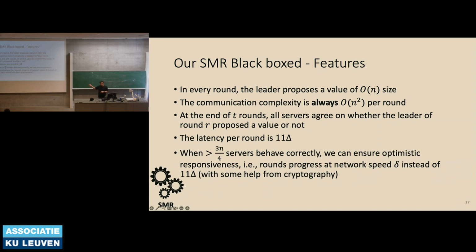Also, in our most recent work, we have something called optimistic responsiveness, which means that if 3/4 of the system is behaving correctly, so if F, the real faults, are less than 1/4, you can actually get commit speeds independent of that delta that I told you. So you can commit at network speed. The problem with committing at delta is, say, delta is 1 hour.